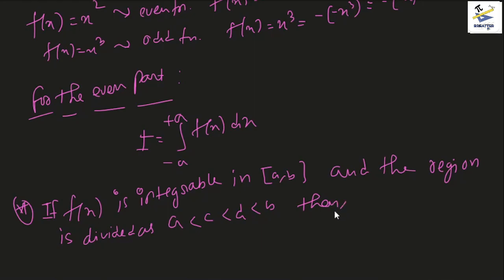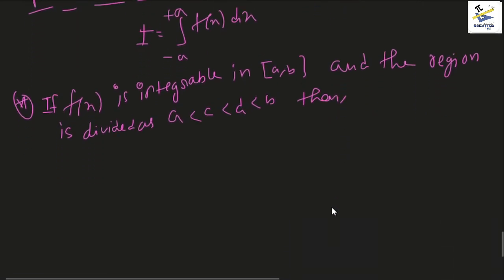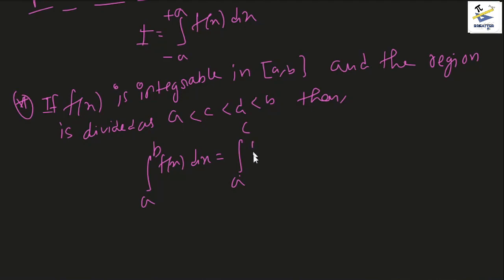then it doesn't matter in how many regions it is divided, you can divide it in as many regions as possible. So this integral from a to b of f x dx can always be written as a sum of integrals, which is a to the next number c f x dx plus c to the next number d f x dx plus d to b f x dx.